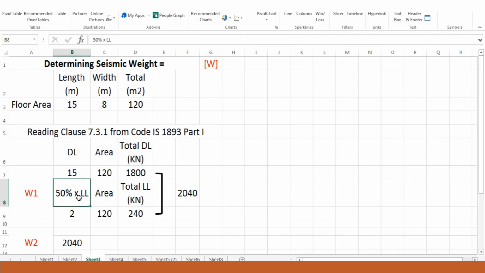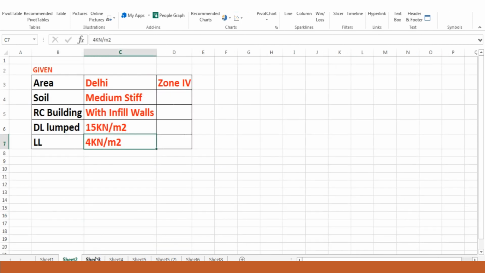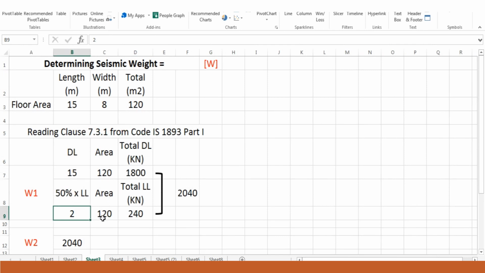Next, we are determining the live load, but the live load has to be taken to be only 50% for determination of seismic weight for all stories except the top roof story. It would be 2 because the live load is 4 kilonewton per meter square, and 50% of that is 2. The area is 120 from here, and the total live load would be 240, B9 into C9. So the total load would be 1800 plus 240, that's 2040.